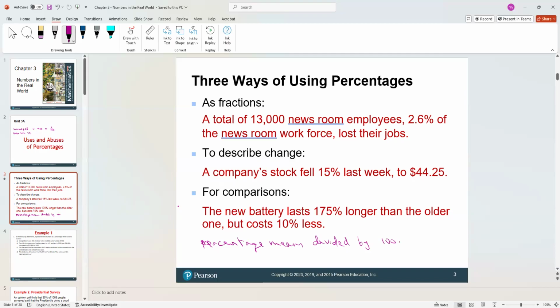So if we say, for example, 4.2%, instead of saying 4.2%, it means 4.2 divided by 100. If you divide by 100, it's the same thing as moving the decimal point 2 units to the left. So that would be 0.042.